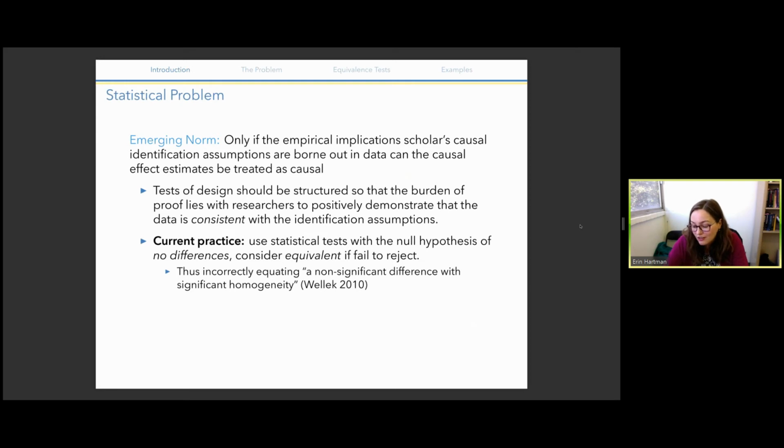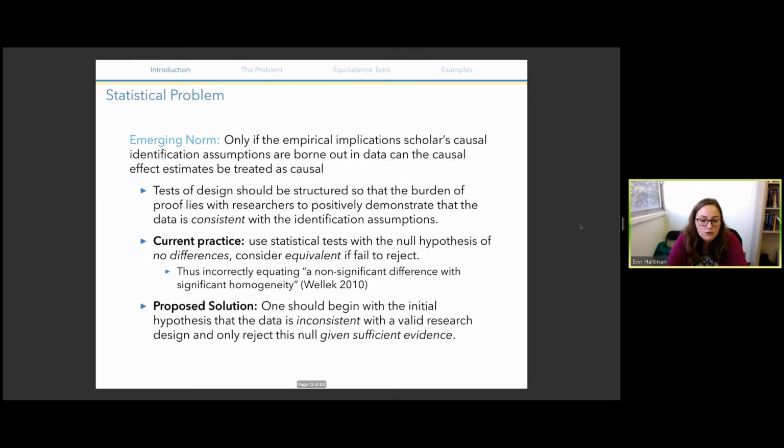We teach in our intro regression classes how to interpret p-values, and it is not to say that a large p-value is evidence of our null. And so we are incorrectly equating a non-significant difference with significant homogeneity. And what we want to show is significant homogeneity. And so what we're going to propose is that we should begin with the initial hypothesis, kind of flip this around.